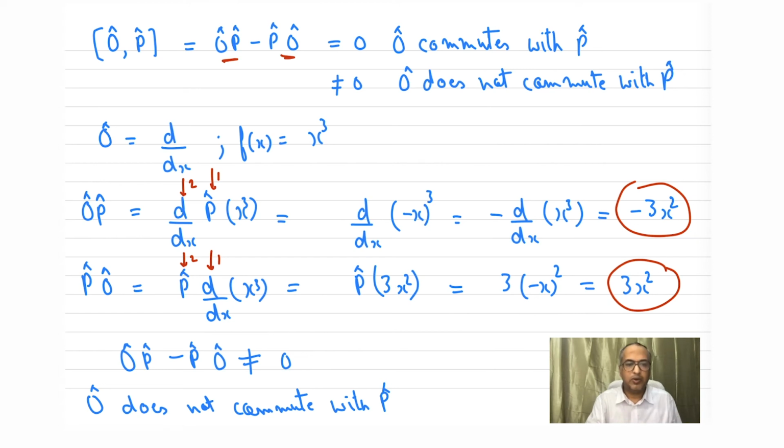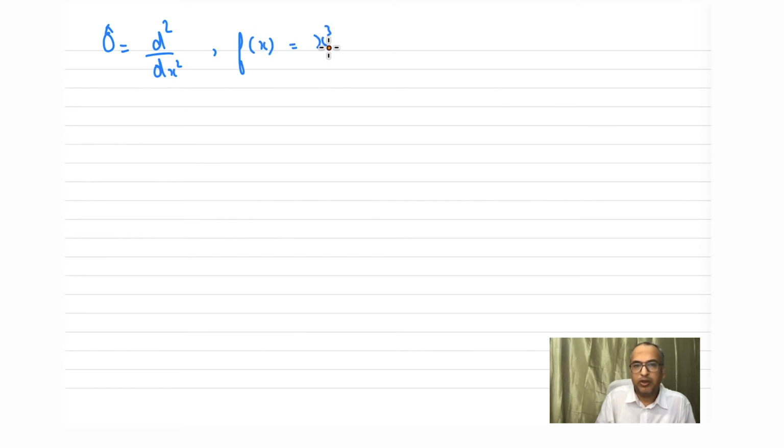So let us now look at another example. Let's take O as the second derivative, d square by dx square, and keep the function as x cube. You can choose different combinations of functions and operators to visualize this yourself. Now let us calculate OP of f(x).